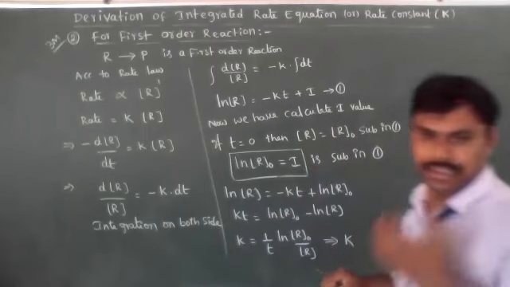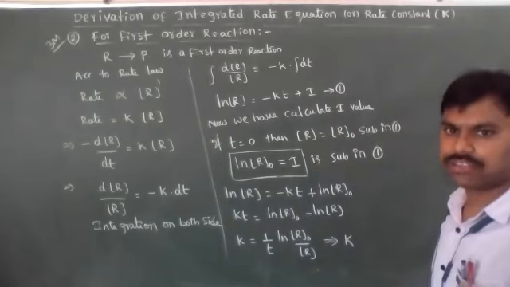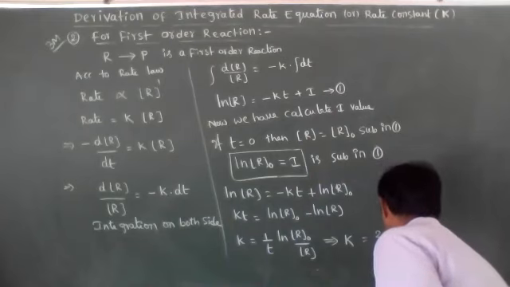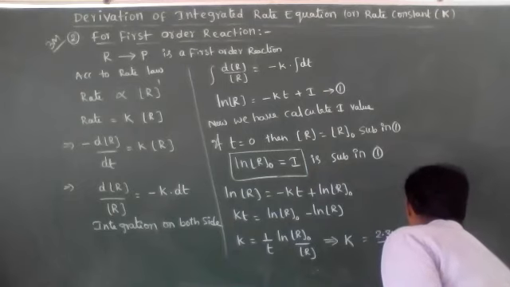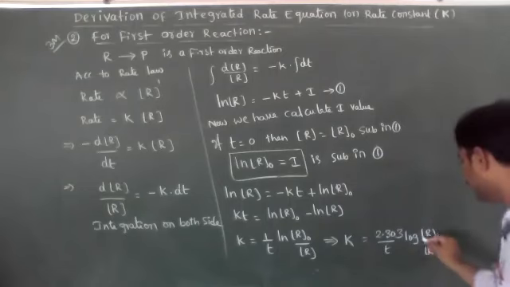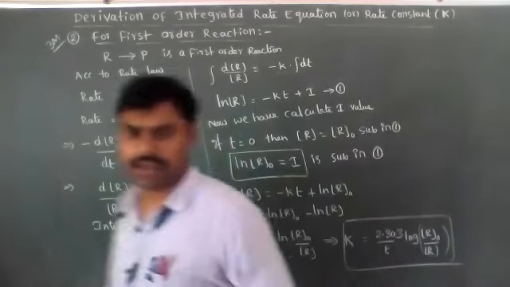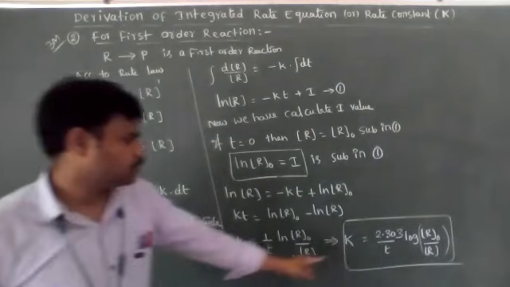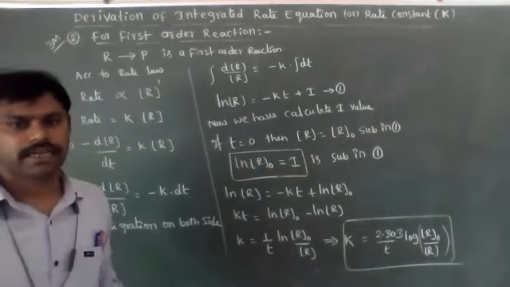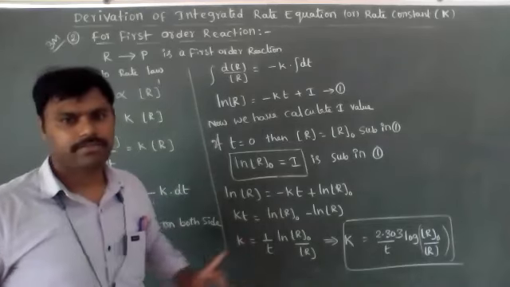So the final rate constant for a first order reaction in terms of log is K equals 2.303 by t into log R naught by R. Okay, this is the rate constant formula for a first order reaction: K equals 2.303 by t into log R naught by R. Dear students, it's a very important equation.